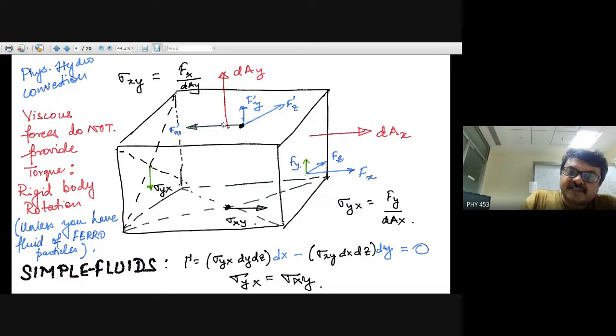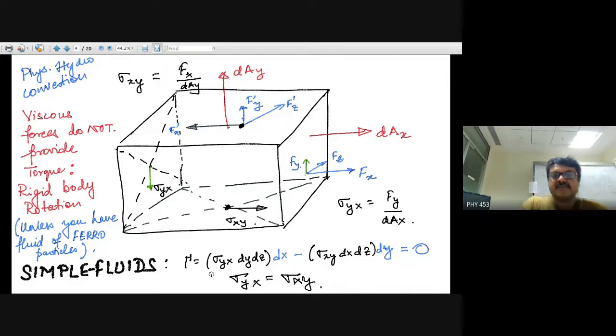And if there's a force acting in this direction, for the center of mass of the fluid not to move, there would be an equal and opposite force, I mean stress tensor, if you like, acting in this direction, and the total torque. This is the viscous torque, which is related to the symmetric part of the stress tensor, which I said does not cause any rigid body rotation. So this is the torque acting in this direction.